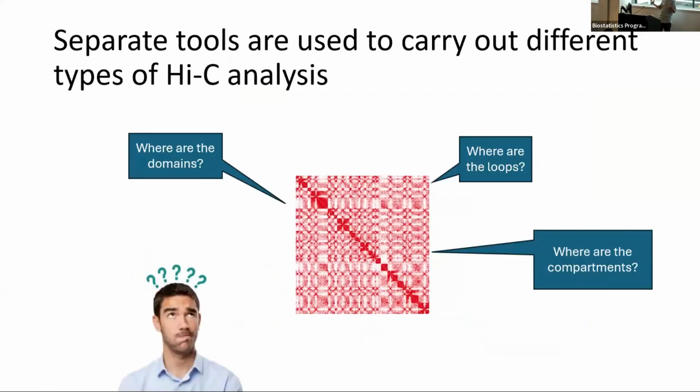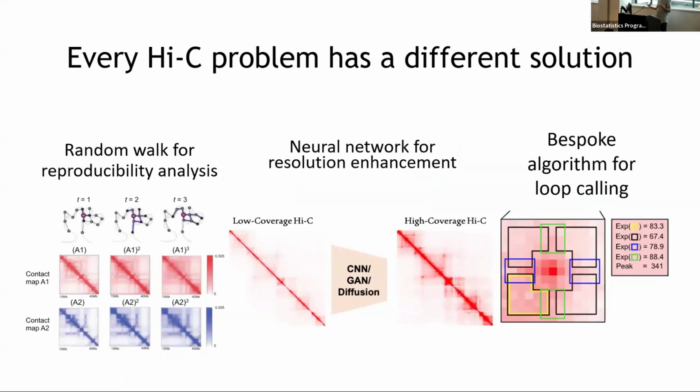And as a result of the organic growth of this field and lots of different people doing the analysis, when you're asking all these different questions, different people have developed different tools to answer them. If you're asking a question about domains versus loops versus compartments, you might answer them with completely different pieces of software, with fundamentally different approaches to this kind of data.